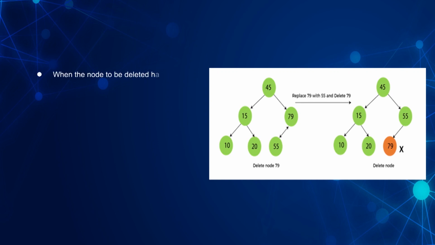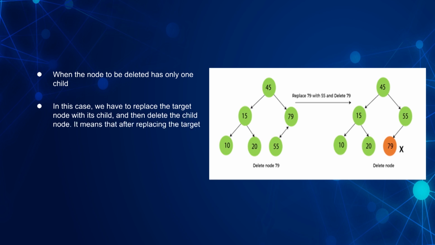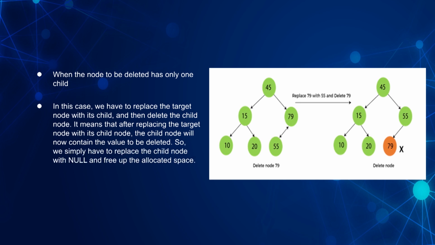When the node to be deleted has only one child, either a left child or a right child. If we want to delete a node having only a single child, in this case we have to replace the target node with its child and then delete the child node. It means that after replacing the target node with its child node, the child node will now contain the value to be deleted. So, we simply have to replace the child node with null and free up the allocated space.